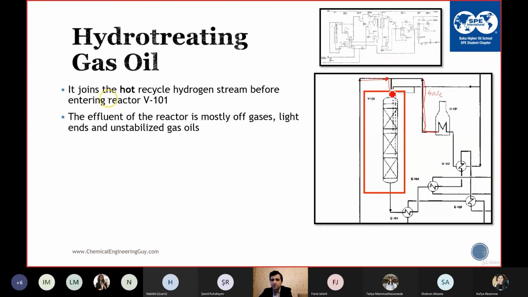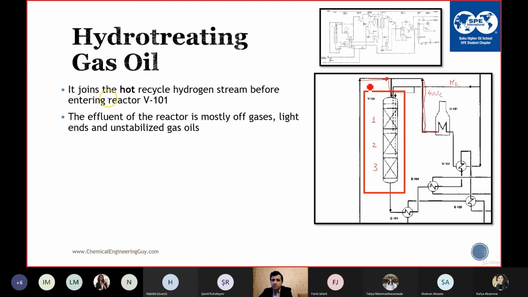It mixes with the hydrogen and is sent to the reactor from the top. As you can see, we have the first bed, second bed, and third bed. And this is the hydrogen.